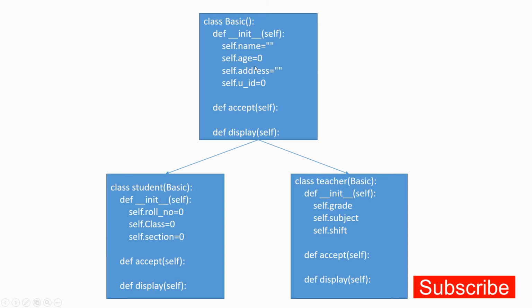This class shouldn't get instantiated, meaning the user should not be able to create objects out of it, because I just want it as a base for these two classes. To achieve this task, that's where abstract classes come into the picture.